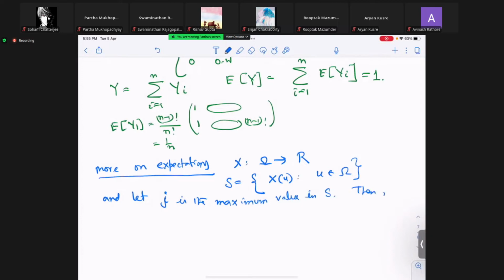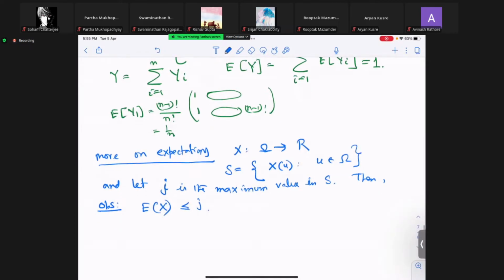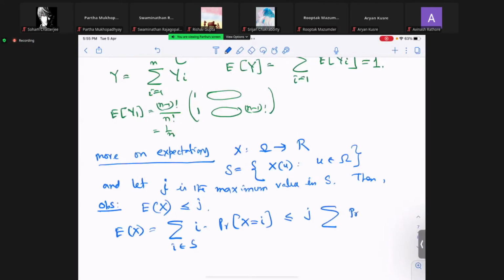Then it's an observation that the expected value of the random variable is bounded by j. That's obvious, right? Because the expected value is the sum of i times probability of x equal to i, and because i is bounded by j, I take j out, and that's equal to j times the sum of probabilities.